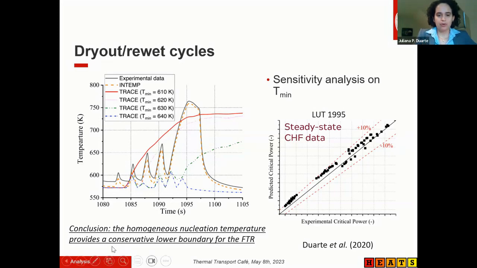And I put in the conclusion here that the homogeneous nucleation temperature, which is actually a very low bound of the minimum film boiling temperature, provides this conservative boundary for this phenomenon. If we use that, we can say, yes, we're going to be able to predict the failure to re-wet for this data that represents boiling water reactors.